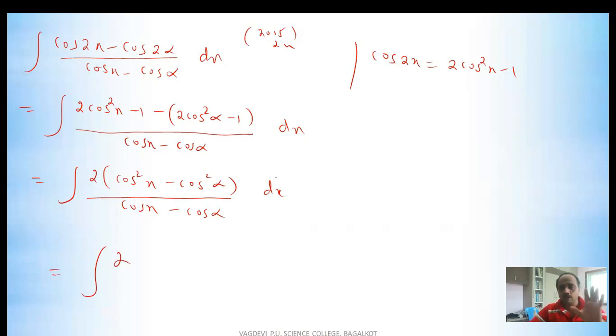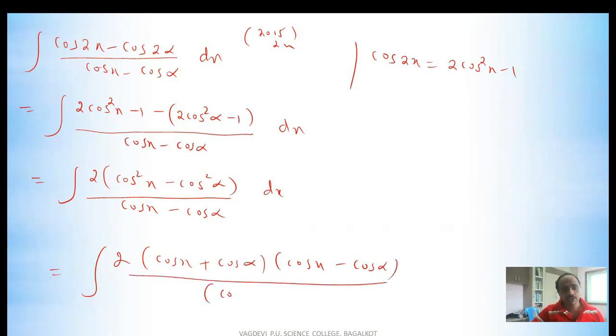Now, simple algebra identity, a square minus b square equals a plus b into a minus b. So this will be cos x plus cos alpha into cos x minus cos alpha divided by cos x minus cos alpha.